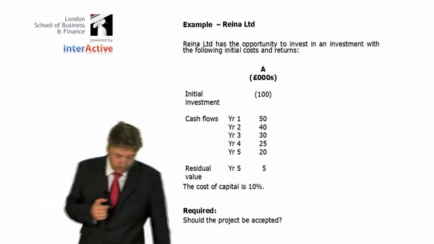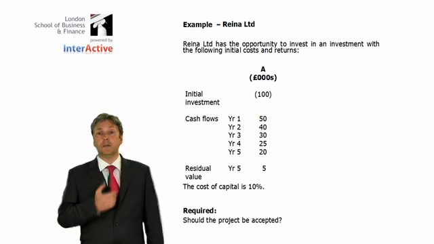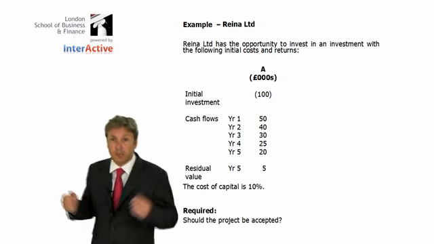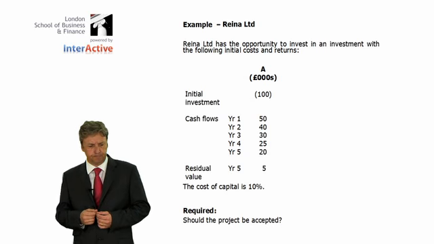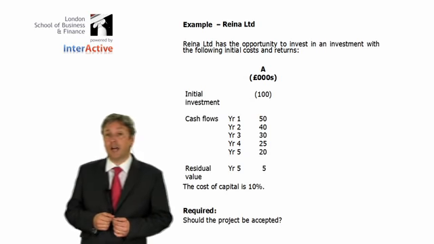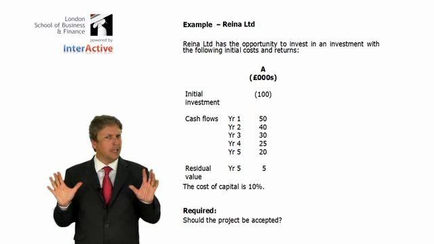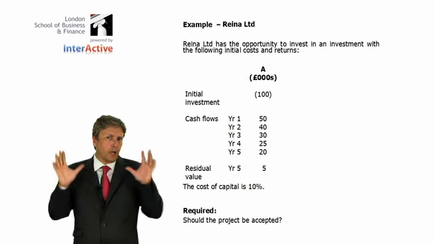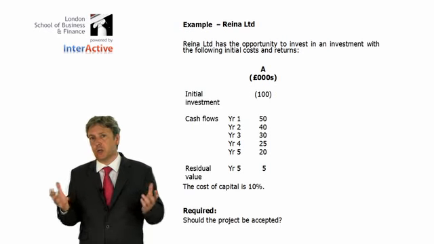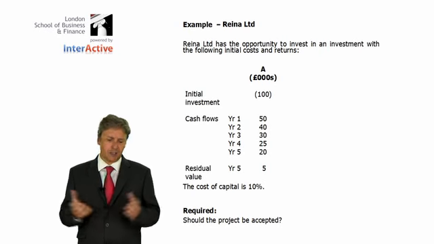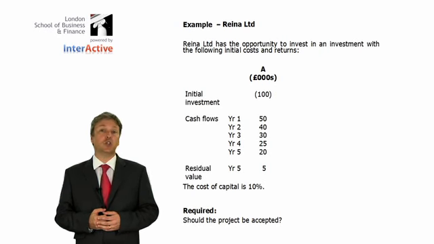And then we have a residual value in year 5 of 5,000. Presumably we dispose of the asset and we get some cash back for it. We're also told the cost of capital is 10%. Now, we don't need that to begin with, but of course we're going to use this example for a number of different questions later on, and as such we have that there just in case.